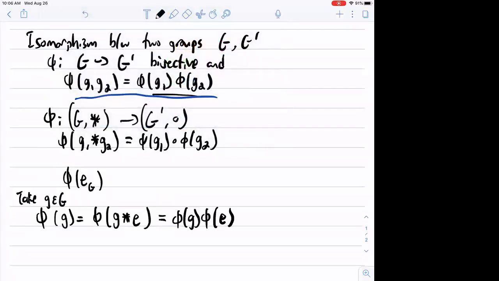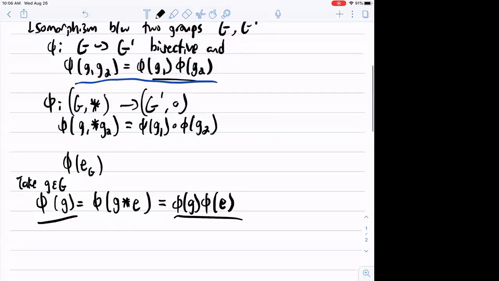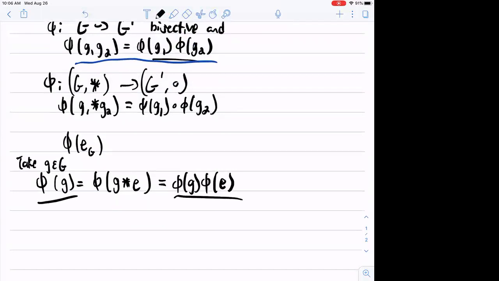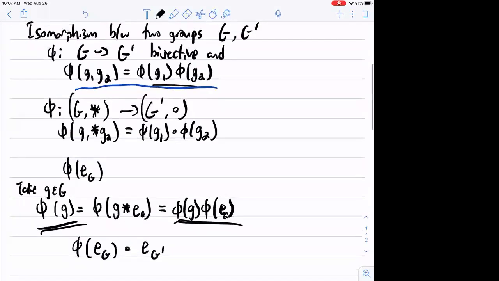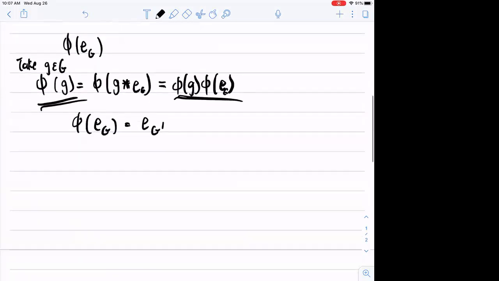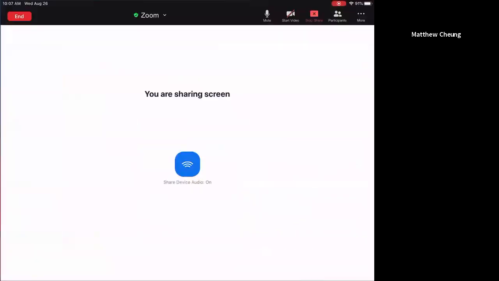So phi of g is phi of g times phi of e, so phi of e has to be e of G prime for these two to be equal. So an isomorphism must map identity to identity. It's forced by this law. Everyone clear so far?